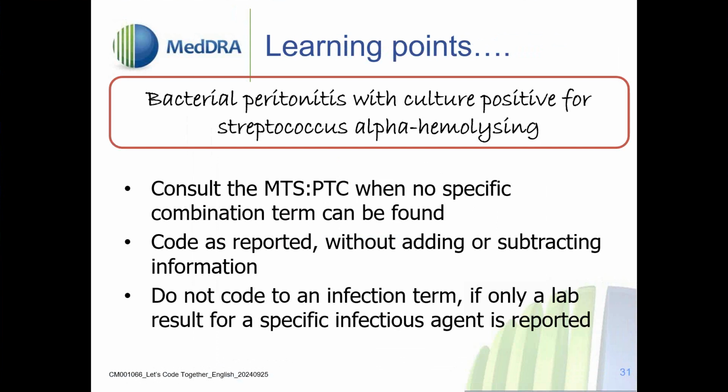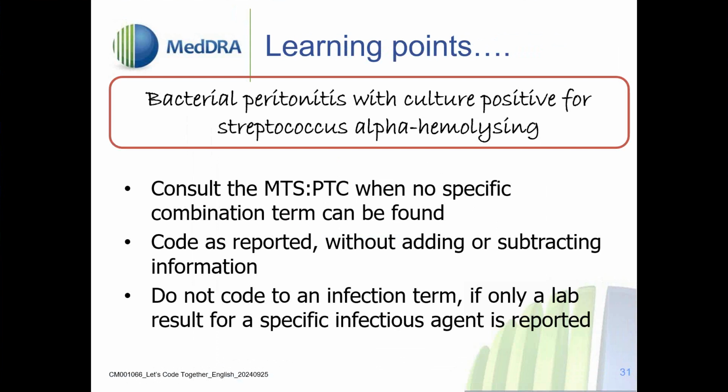So in this case, do not assume that the positive alpha-hemolysing streptococcus culture relates to the reported bacterial peritonitis. It could be that our patient developed a sepsis, for instance, due to the peritonitis, so a complication of the peritonitis, and this would have to be coded separately.